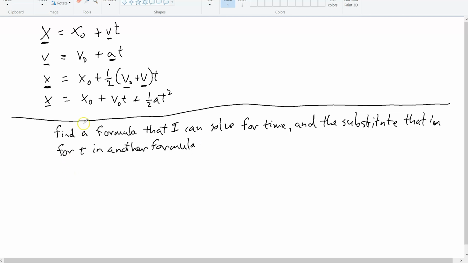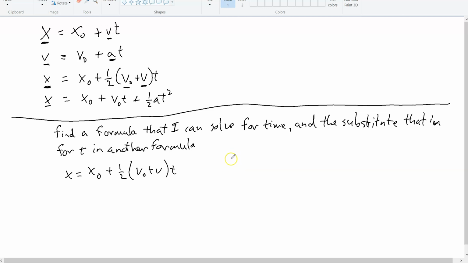Last time we used x equals x0 plus 1/2 v0 plus v times time. And last time we substituted in for v, right? We didn't have final velocity, so we substituted something else in for that. This time we're going to substitute something in for t. And we're going to use the same formula we used last time, except we're going to isolate t instead of v.